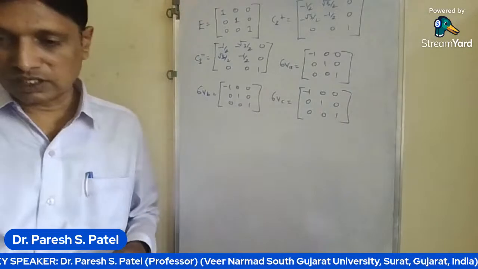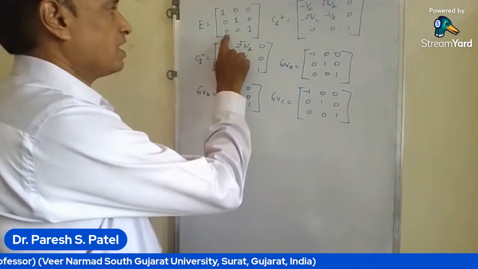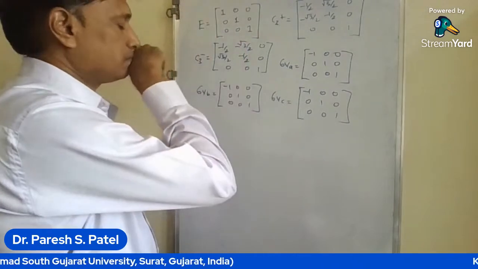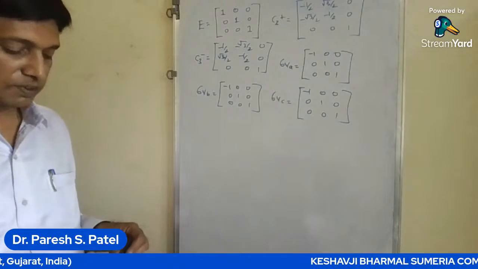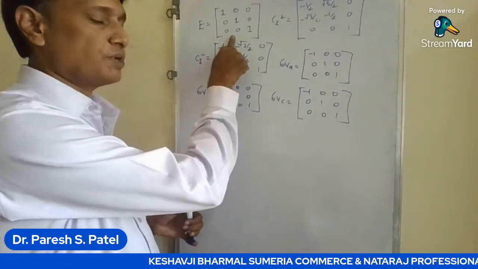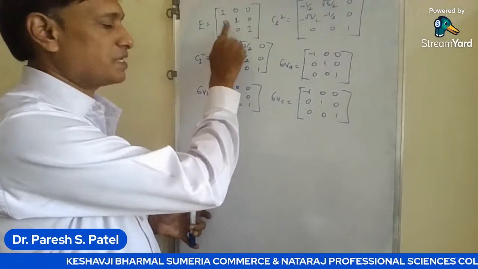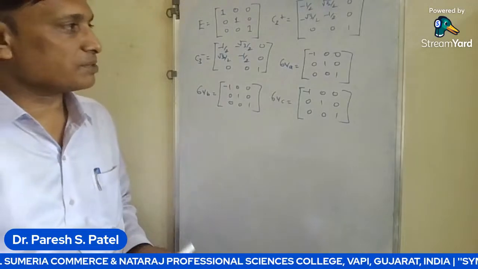Now, the dimension of this matrix is equal to 3. Why? The dimension of any representation depends on the matrix representation for the identity symmetry operation. So this is a three-dimensional matrix, which means this is a three-dimensional representation.